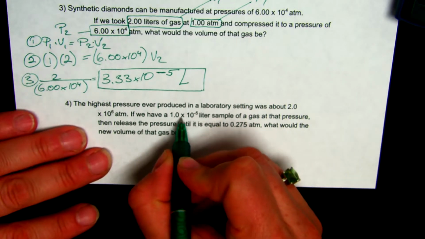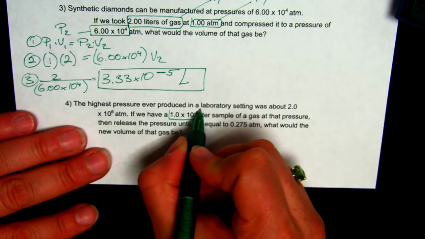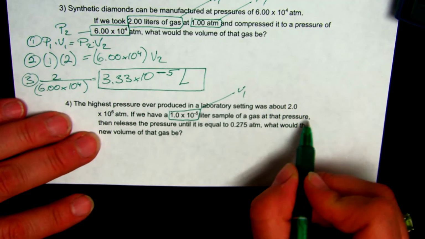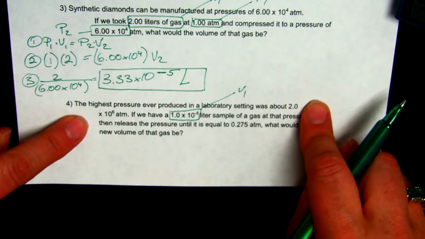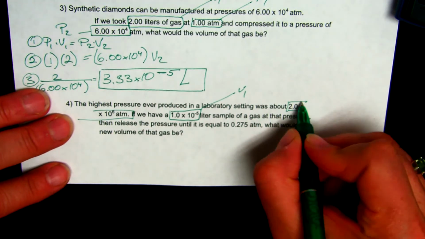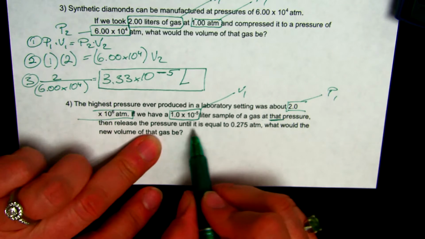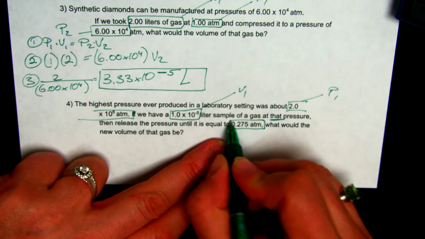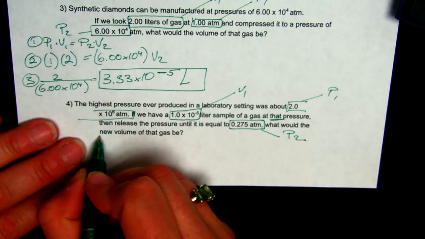If we have 1.0 times 10 to the -5 liter sample of gas at that pressure, so I know now that that pressure is my pressure 1. This right here is my P1 because they said at that pressure. Then release the pressure until it is equal to something that you will find under the surface of the ocean. So there's my P2.